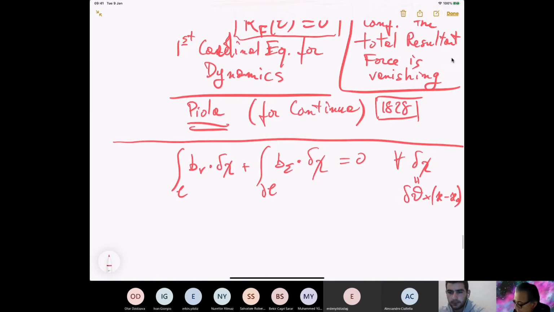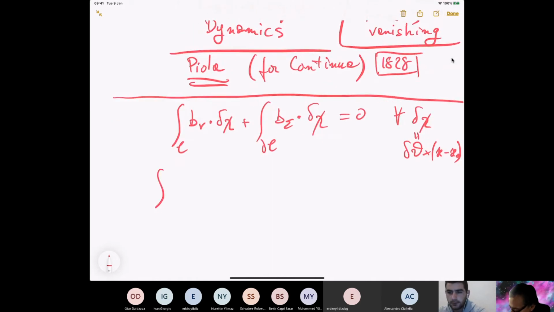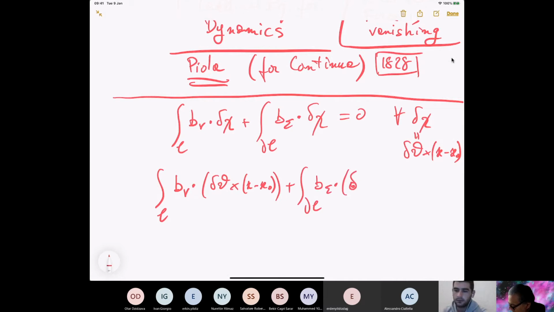So I place this expression here and I find integral of BV dot delta theta vector x minus x0 plus integral over the boundary of C of B sigma dot delta theta vector x minus x0. And this is equal to 0 for every delta theta.